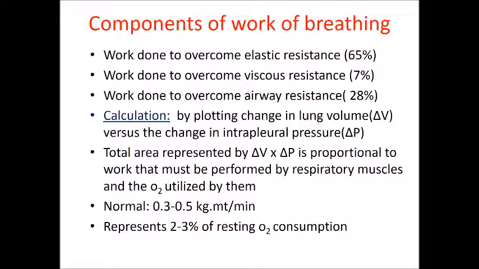The total area represented by this graph is proportional to the work that must be performed by respiratory muscles. Normal value of work done is 0.3 to 0.5 kilogram meter per minute, and it represents 2 to 3% of our resting oxygen consumption of the total body.